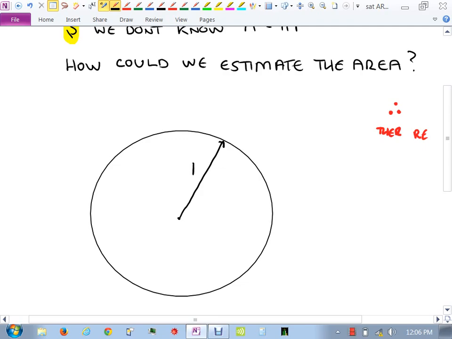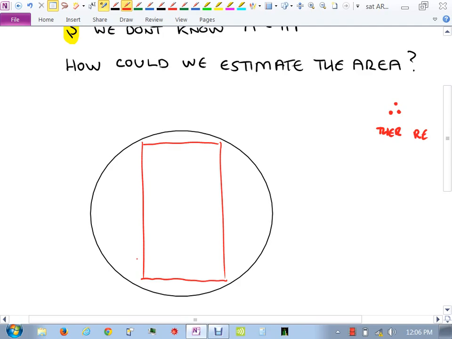Squares and rectangles? Right? We don't know what that is as a circle, but we do know some stuff about squares. So one approach might be to go out there, you're saying draw a square in there? Okay, so then maybe another, you're saying real small squares. This is fine.